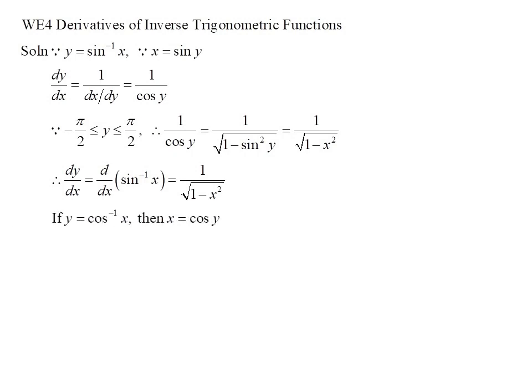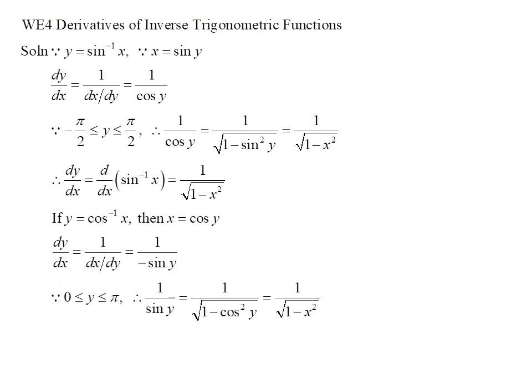Now let's find the derivative of arc cosine x. Based on the assumption of y equals arc cosine x, x equals cosine y. Hence, dy by dx equals the reciprocal of dx by dy, which equals the reciprocal of negative sine y.